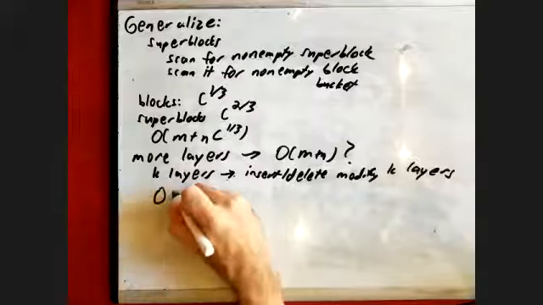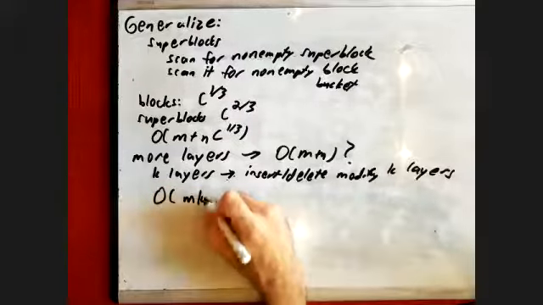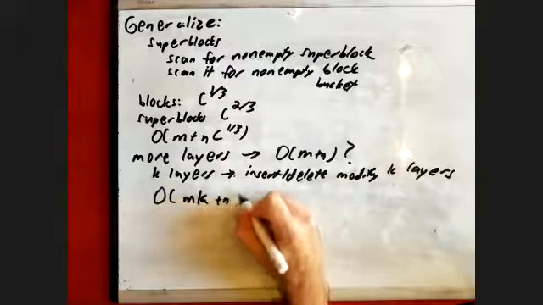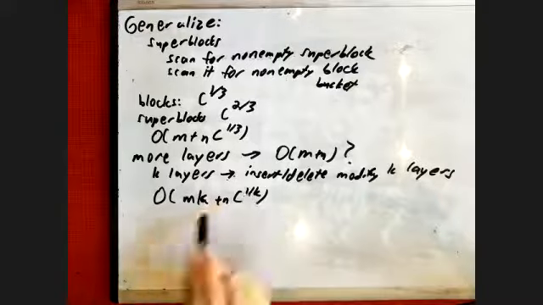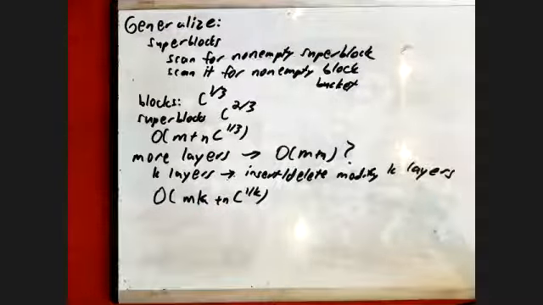So my overall runtime is going to start to look like mk plus nc to the 1/k. Which is not terrible. Okay. Can you justify why the k appears as c to the power 1/k? It's not clear to me.